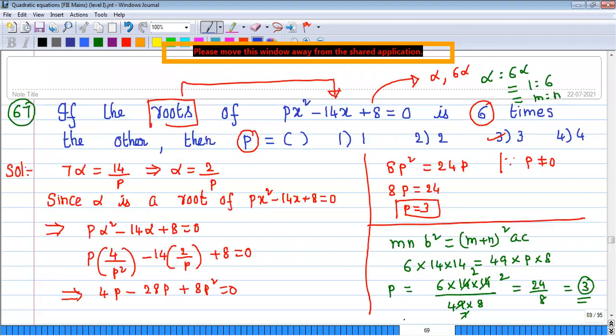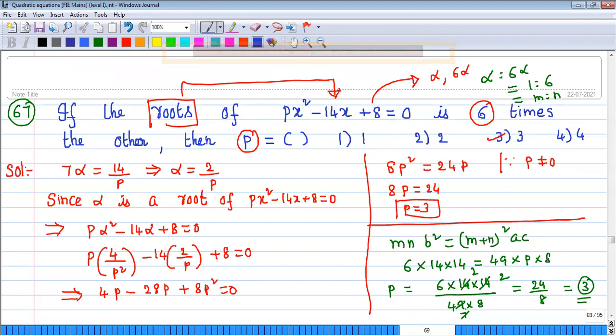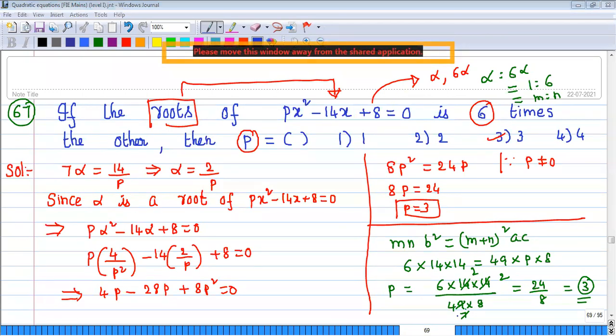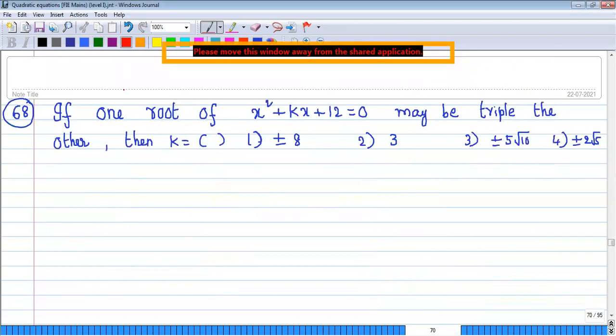Option 1, sir. Very good. So that means one root of x square plus kx plus 12 equal to 0 may be triple the other. Triple means 3 times.